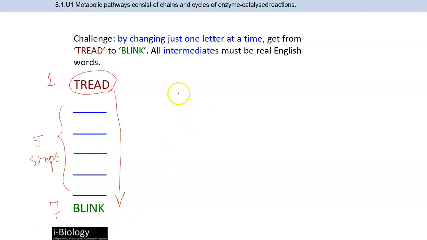So this is the challenge. By changing just one letter at a time, get from thread to blink. All intermediates must be real English words. You're going to pause the video and try to find the words.